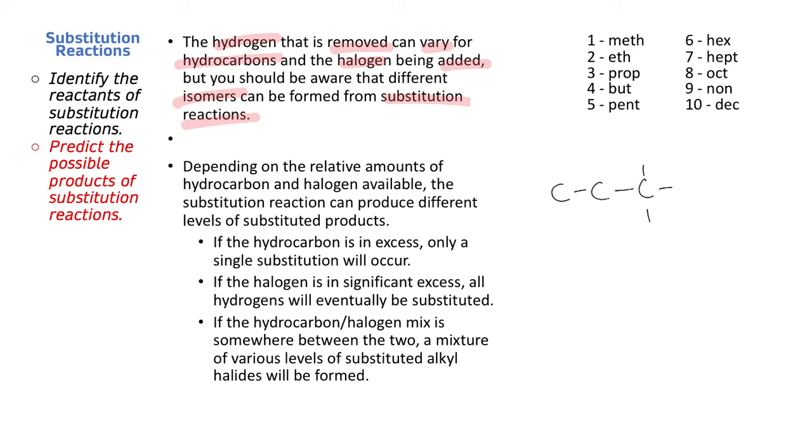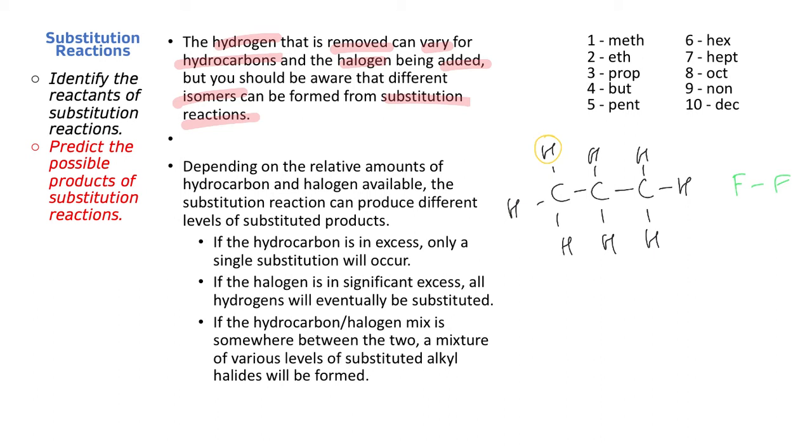Here I have propane, with 8 possible hydrogens to be substituted, and then let's have F2. If you substitute this one here, you're going to produce a 1-fluoropropane.